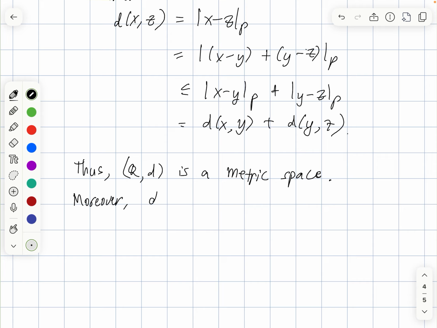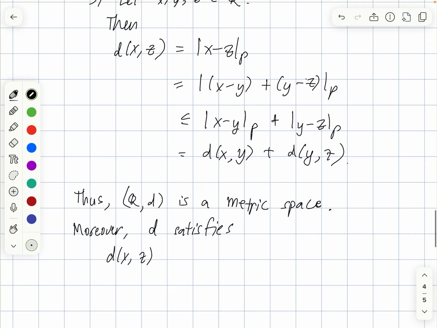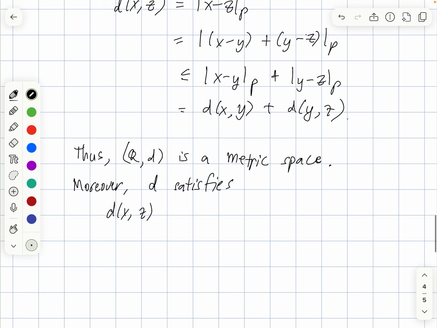Moreover, the function D satisfies that the distance between X and Z, given Y, is equal to this. And we actually have shown not only that it's less than or equal to the sum of the absolute value of X minus Y and Y minus Z, it's actually less than or equal to the maximum.